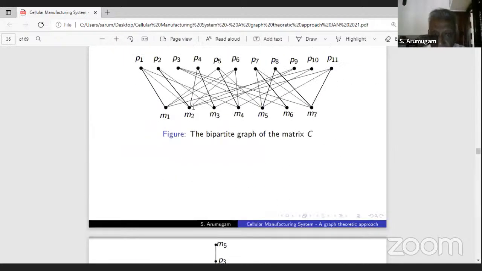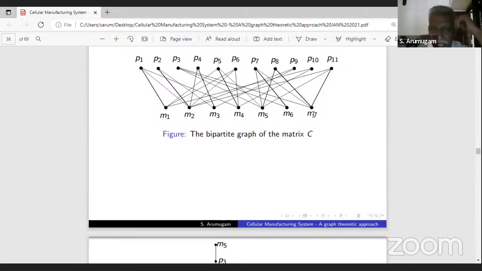Fine. So I have this graph: 11 parts on one side, 7 machines on the other side, edges representing the fact that the part requires the corresponding machine for processing.